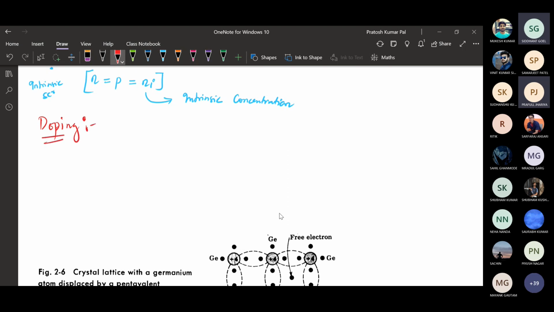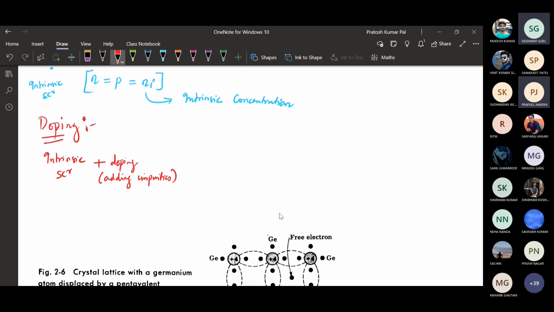In terms of doping, initially we have an intrinsic semiconductor, and in that intrinsic semiconductor we are going to add some impurity. That is called doping. So doping is nothing but adding some impurity to the material.